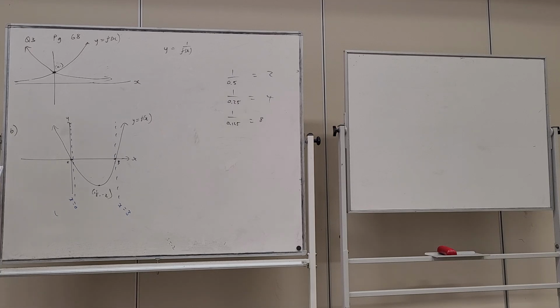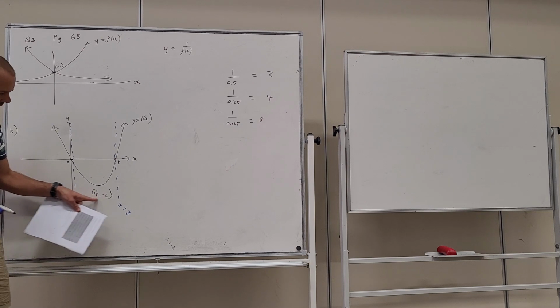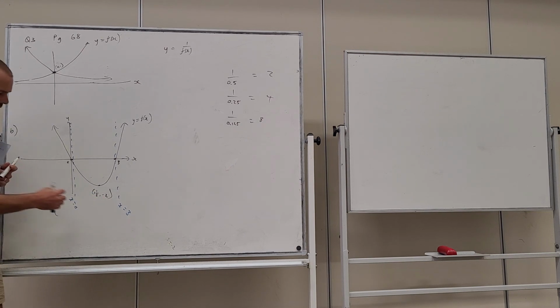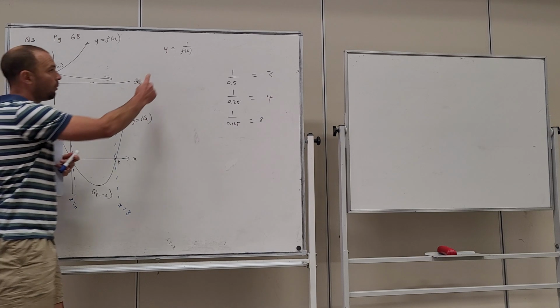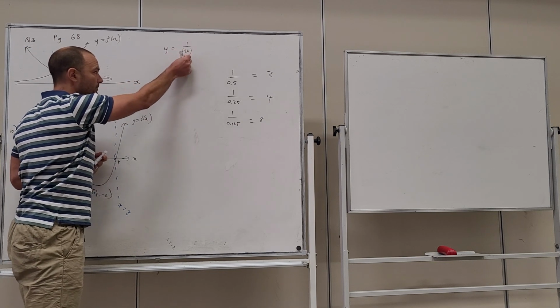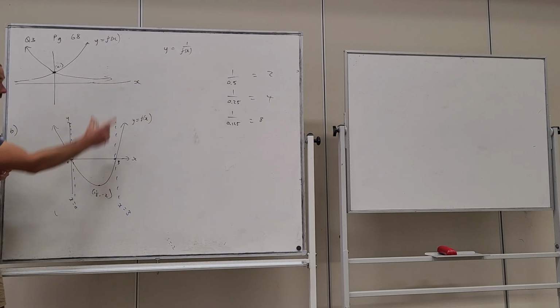Local max, we don't have a local max, but we do have a local minimum. The local minimum becomes a local max. Now, this point here, the x value of the local max is still going to be 1.5, but the y value is 1 divided by the y value of the function.